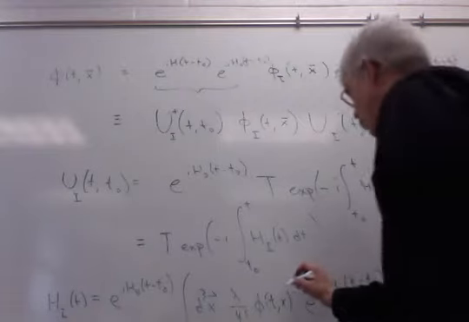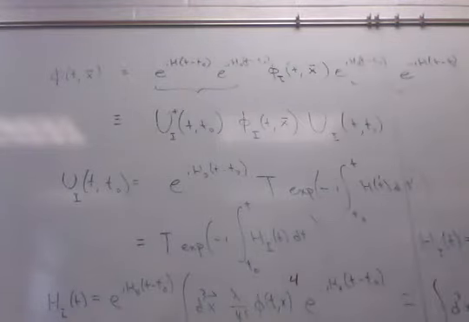It should be the fourth power. Okay, and I've inserted some factors of e to the i H0 times e to the minus i H0 in here. Okay, standard trick.